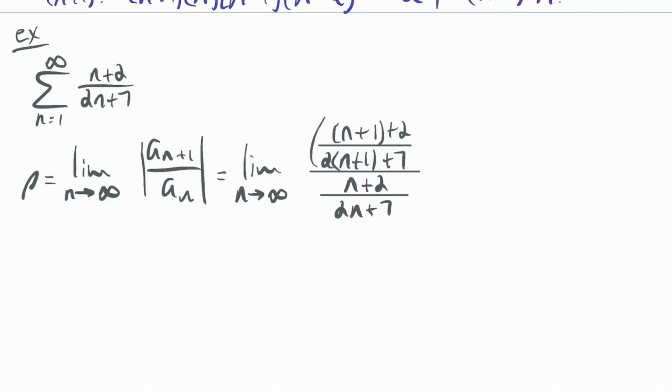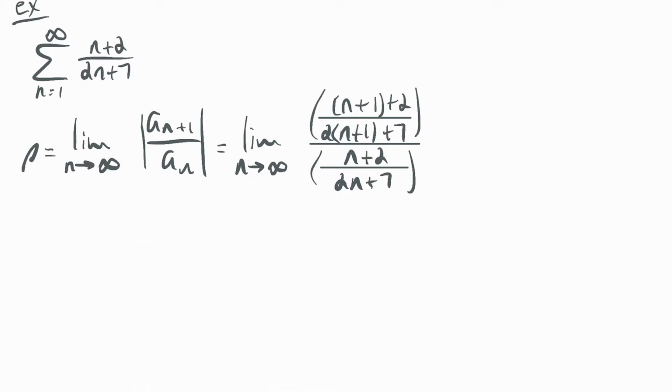And I might, if I want, use parentheses to make this totally clear. So as before, when you are dividing one rational expression by another, you can instead multiply the numerator by the reciprocal of the denominator.